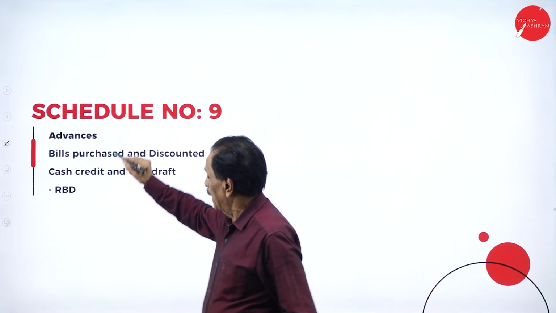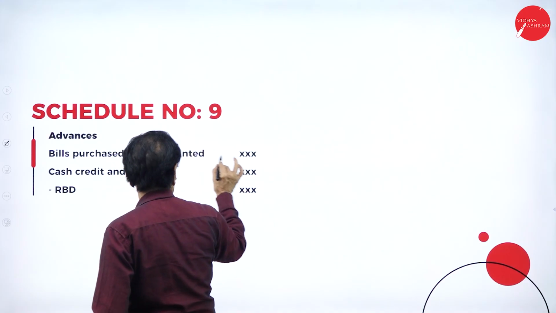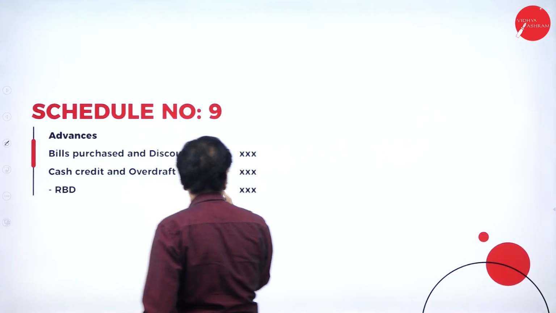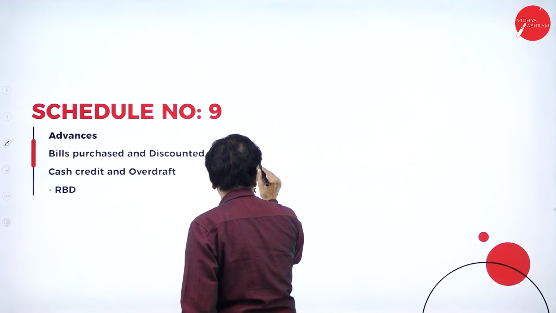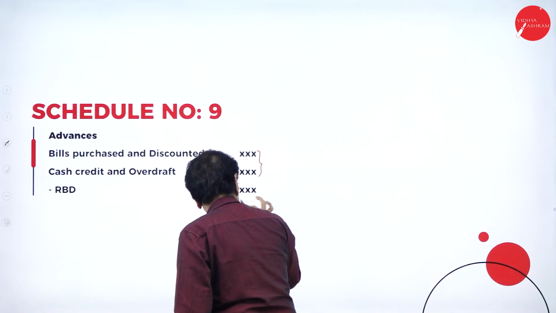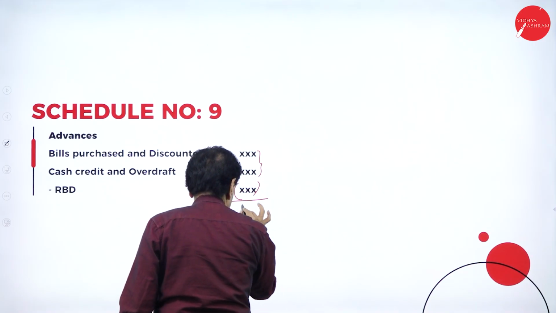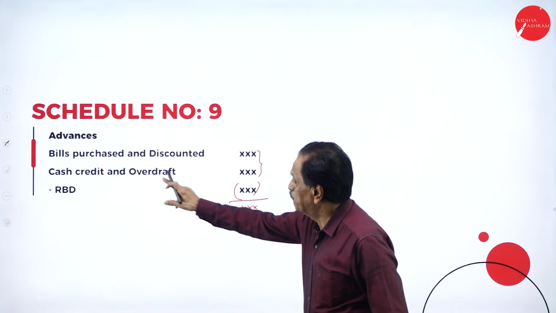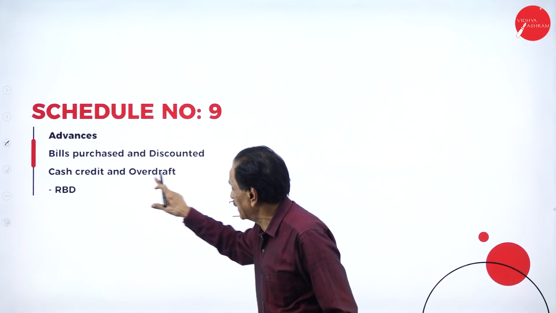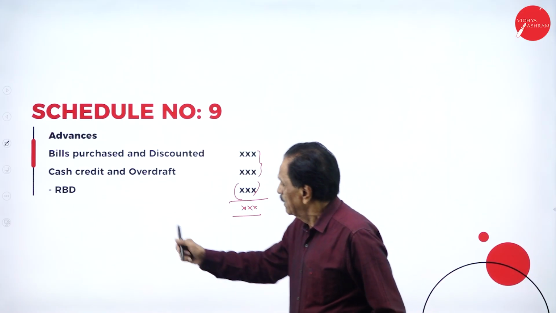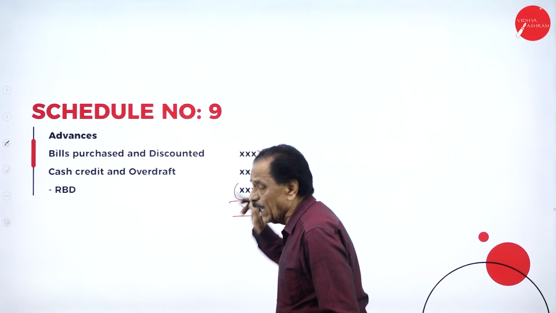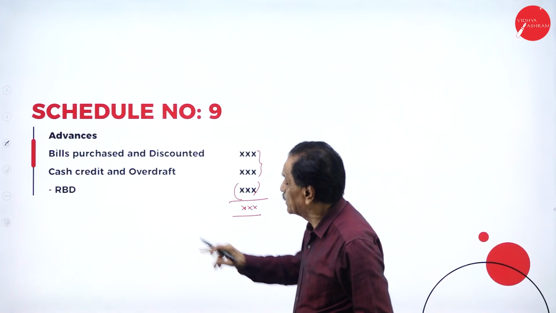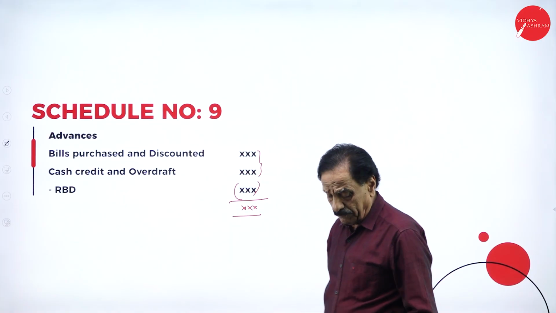Schedule number 9, advances: bills purchased and discounted, cash credit and overdraft, both should be added, minus RBD. This should be deducted. Out of that, RBD should be deducted, reserve for bad and doubtful debts.